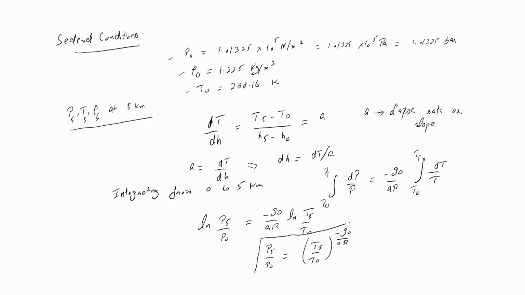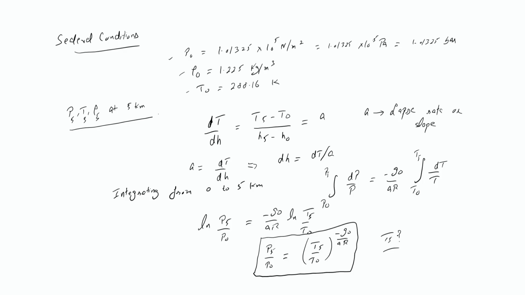Now this is the equation. Look at this equation carefully. We know T naught, we know A, the lapse rate, we know the universal gas constant R, we know g naught, we know P naught. What about T5?